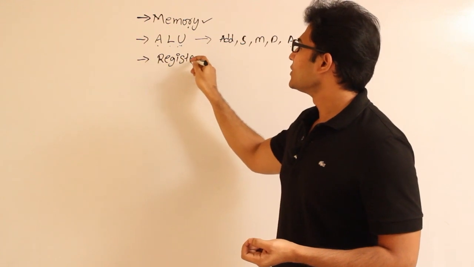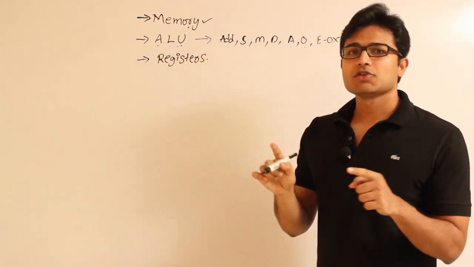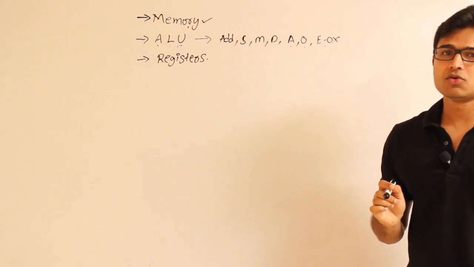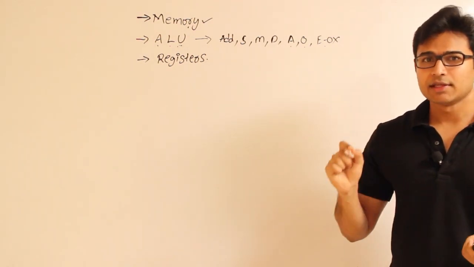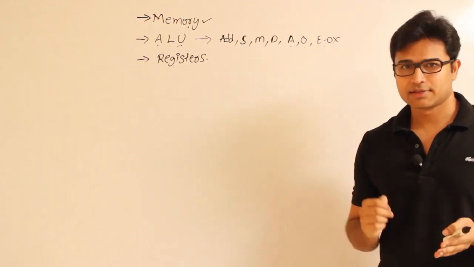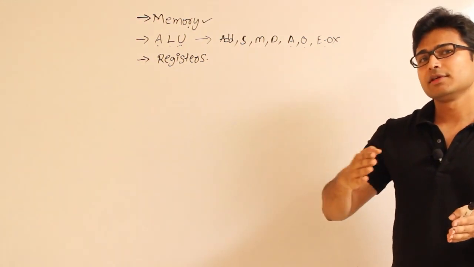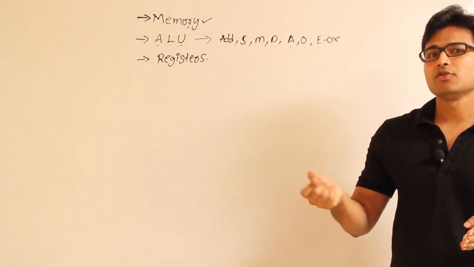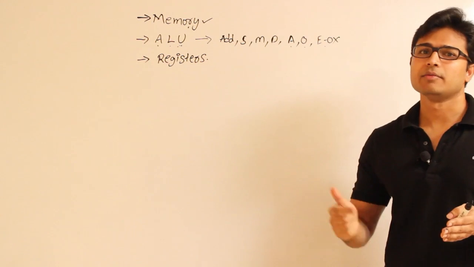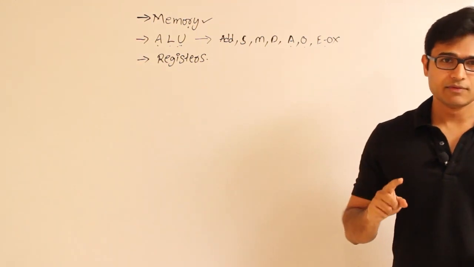And what is a register? A register is a collection of bits, and every bit is stored in a flip-flop. Therefore you can think of a register as nothing but a sequence of bits, or a sequence of flip-flops. The way the flip-flops are connected and the circuit is designed, we have already discussed in digital.